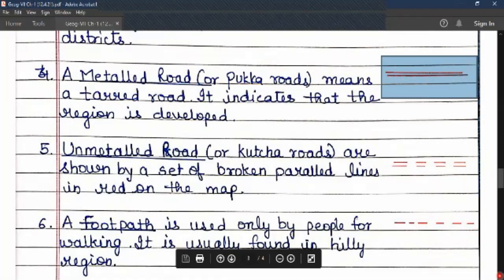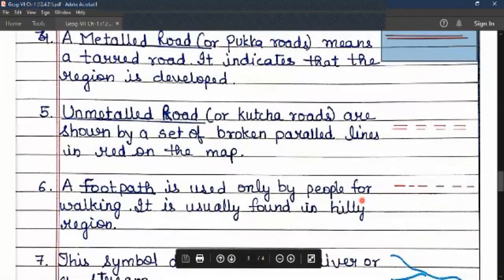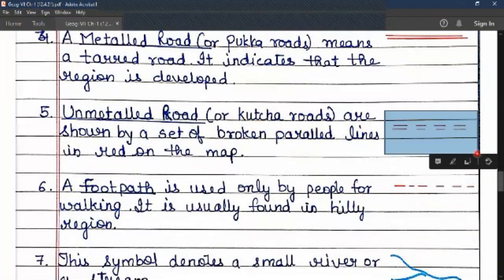Number 5 is an unmetalled road or kacha road. Unmetalled roads are shown by a set of broken parallel lines in red on the map, like this.